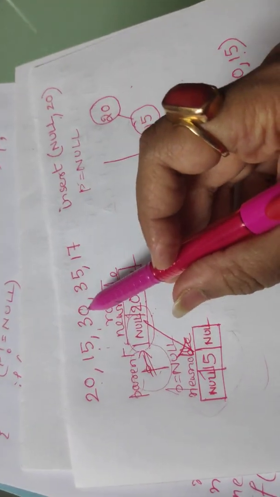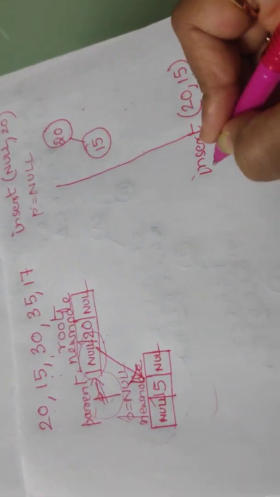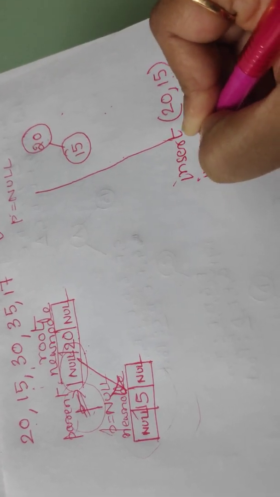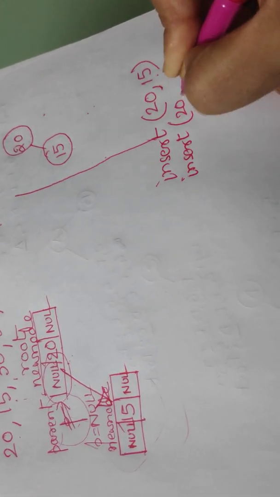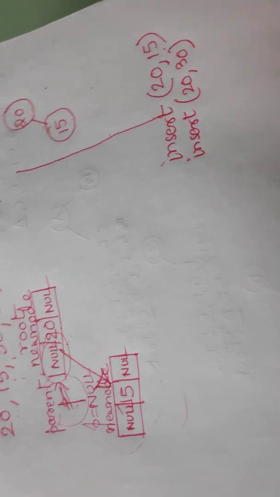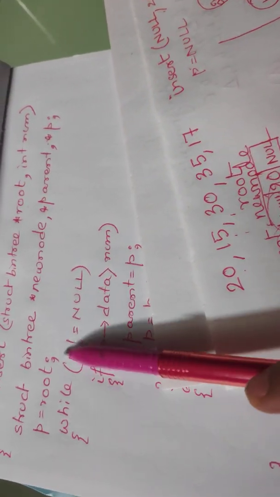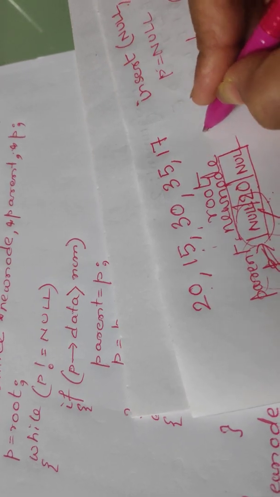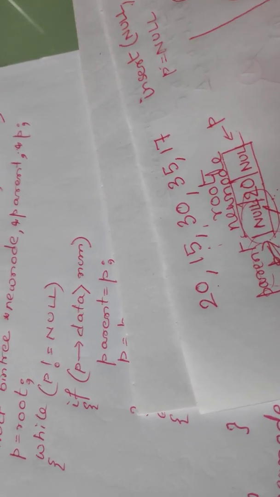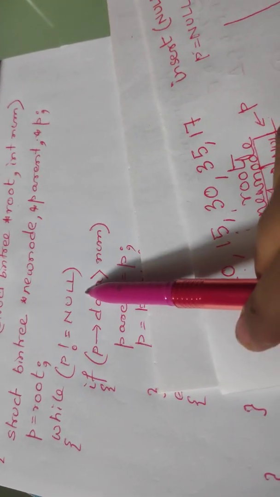Now when we call the insert function for 30, again it will be called using the root of the tree and the number, right? Now, so we start from the very beginning. Again you see in the algorithm P is equals to root. So P is pointing at the root, while P not equals to null.